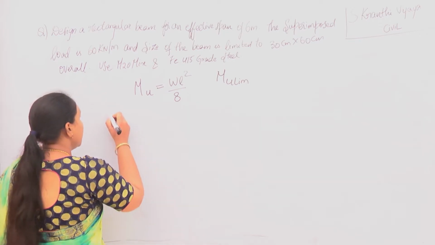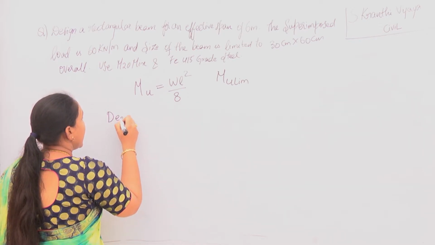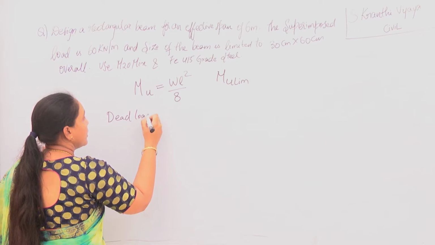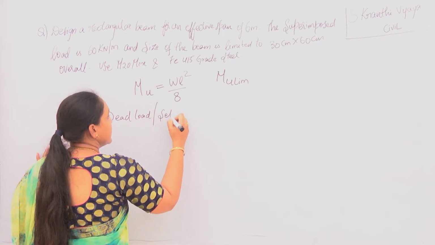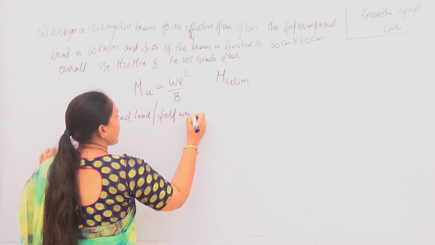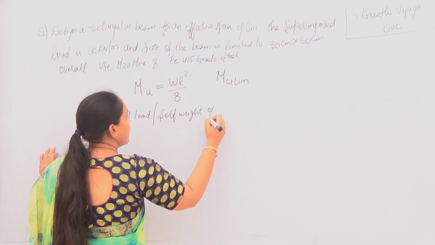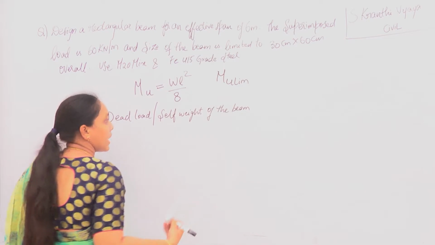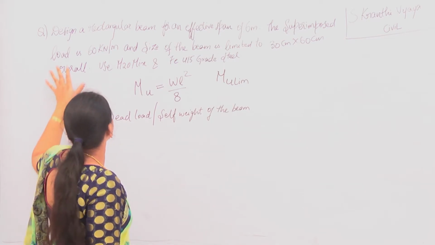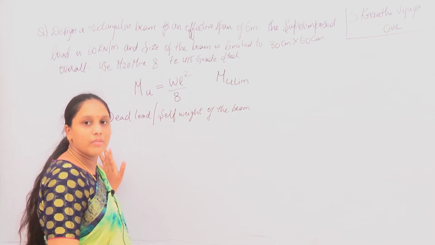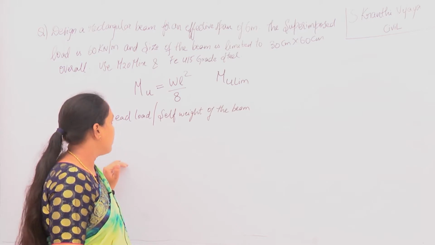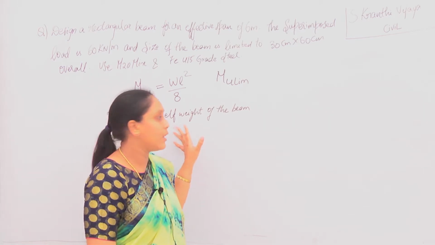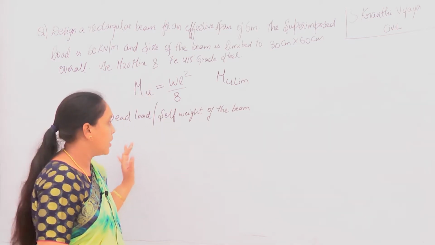One is the dead load or the self weight of the beam, which you have to find out, and the superimposed load is already given, which is 60 kilonewton per meter. So first we'll find out the dead load or the self weight of the beam.